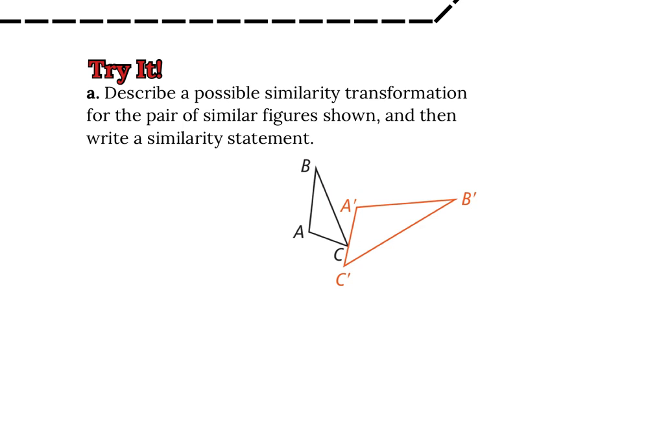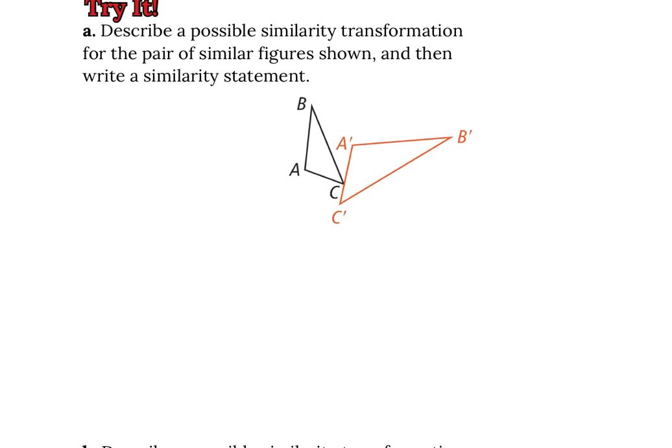Describe a possible similarity transformation for the pair of similar figures shown, and then write a similarity statement. The first thing I would want to do is translate C so that it falls onto C prime. My C right here would be translated down onto C prime so that they were the same point.